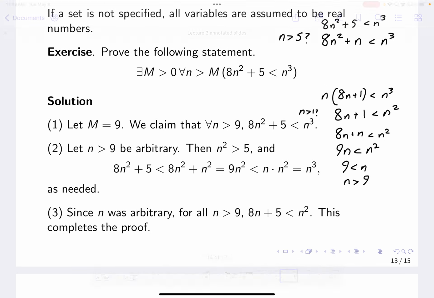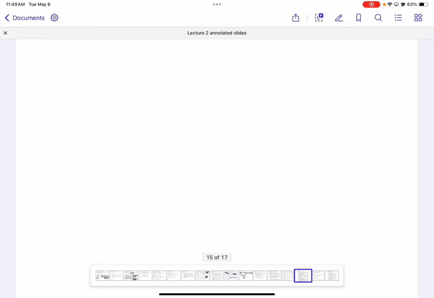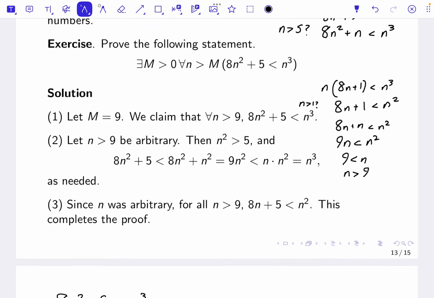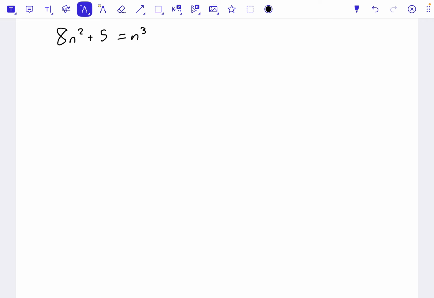Well, we would suppose that n is greater than the square root of 5, which would imply that n squared is greater than 5, and thus allow us to just substitute n squared for 5.